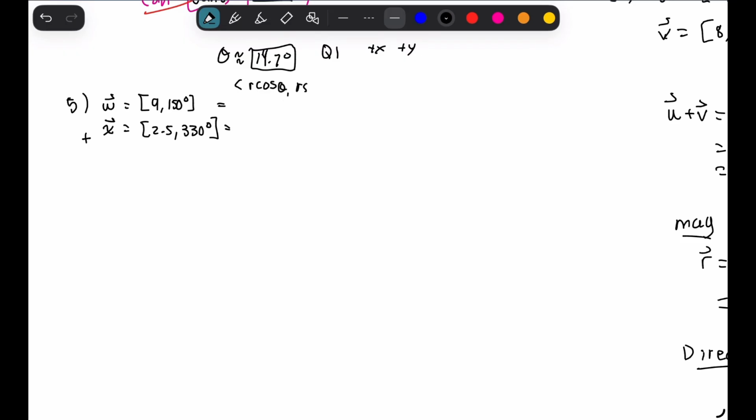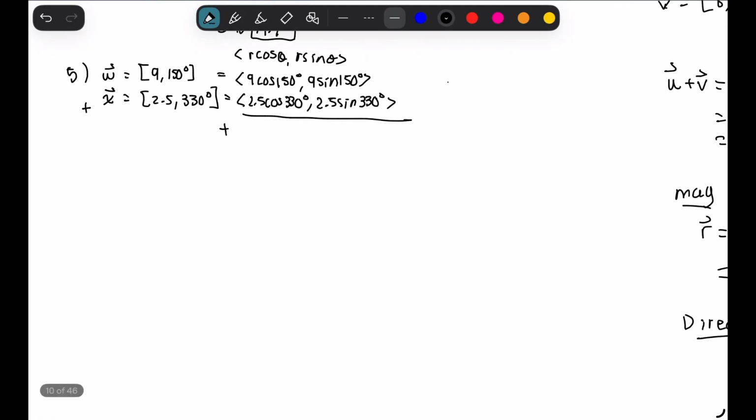Okay, our sine of theta, that's 330. Now, when you're at 150 degrees, you'll be here.